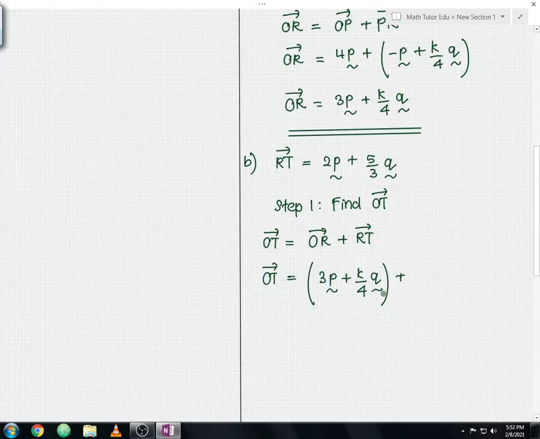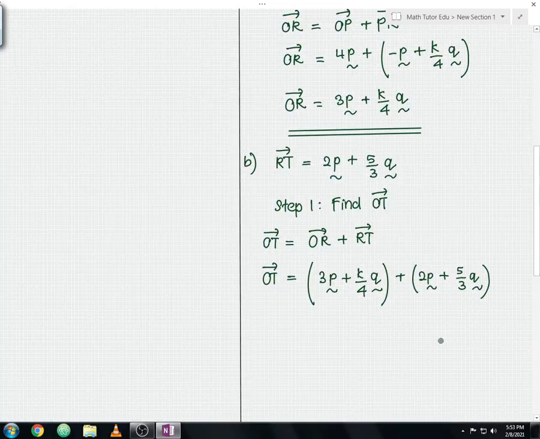Vector RT will be 2p plus 5 over 3 q, close bracket. You add all the respective components: the component p you add with the component p, and the component q you add with the vector component q respectively.